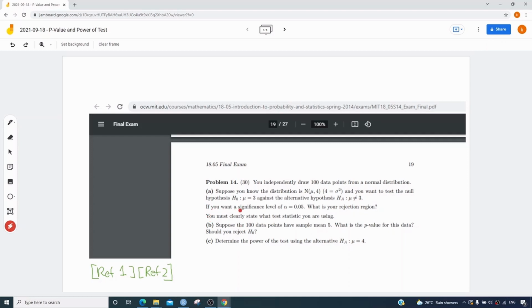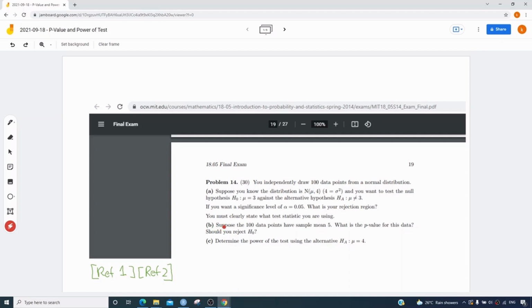And we want a significance level of 0.05. So we need to get the rejection region, and we also need to state the test statistic that we are using.